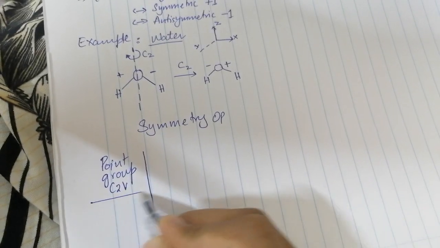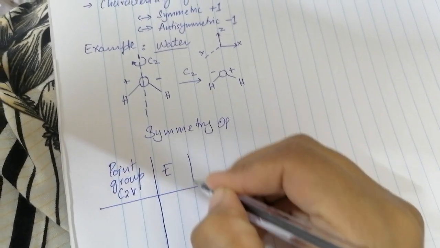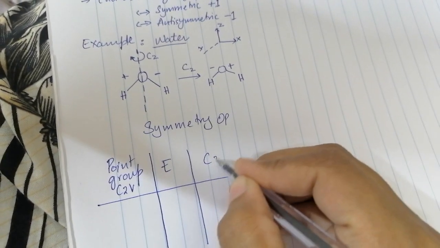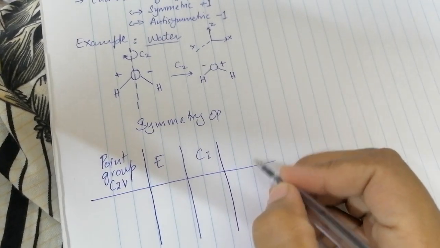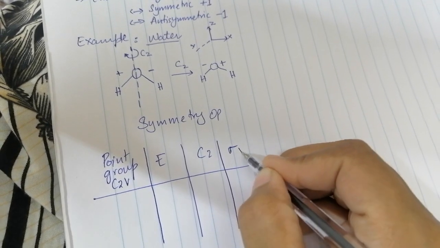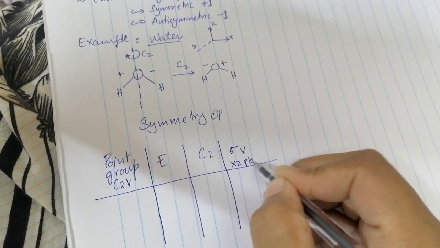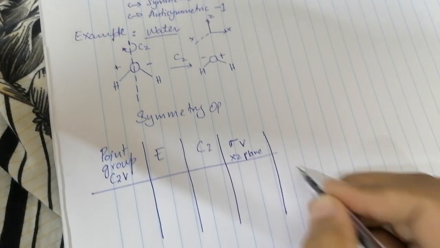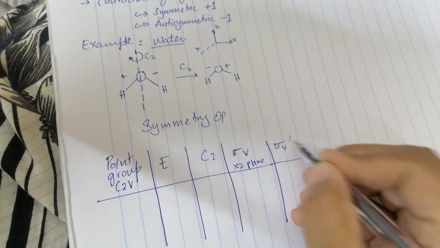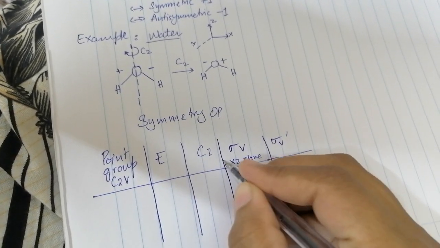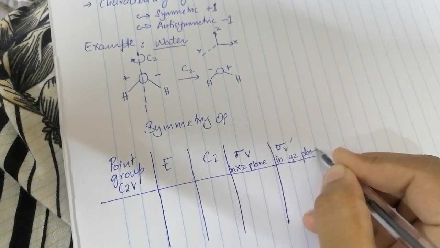Then we have the different operations of water: E, then C2, then the mirror plane in the XZ plane, sigma V. And then we have sigma V prime, which is in the YZ plane.